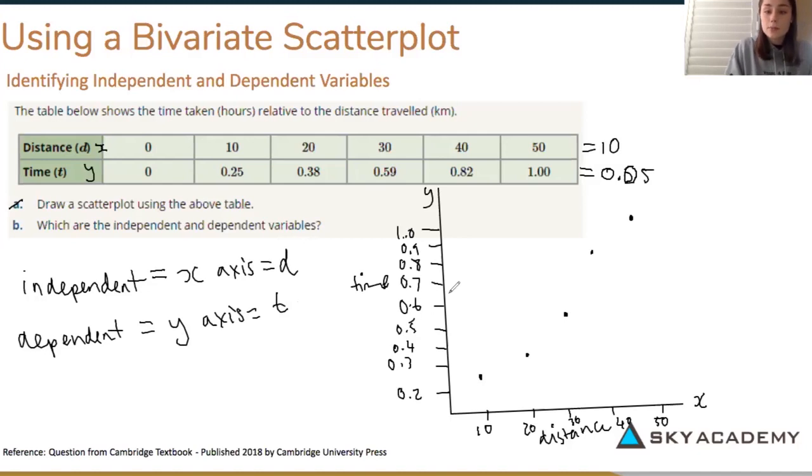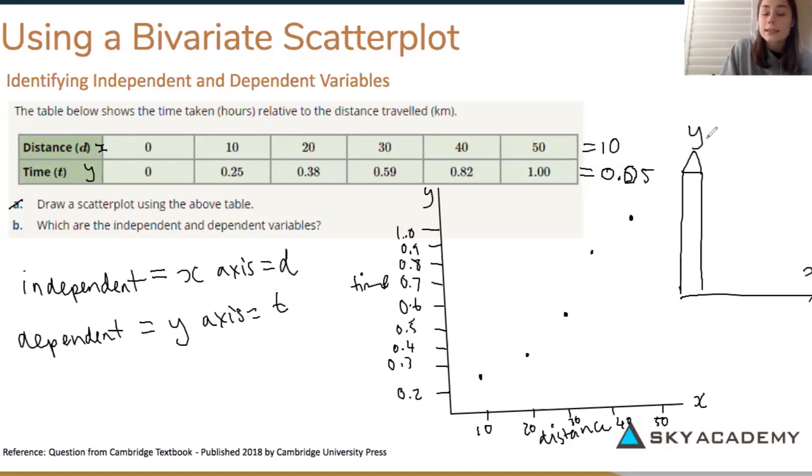Now, a helpful way to remember this is the independent is like the ground, like the soil we walk on. It is always there. It doesn't depend on anything. It is independent. Whereas the y-axis is like a building that goes on top of the ground. It is dependent on the ground. If there was an earthquake and the ground shook, then that building would fall down because it's dependent on the ground being there.